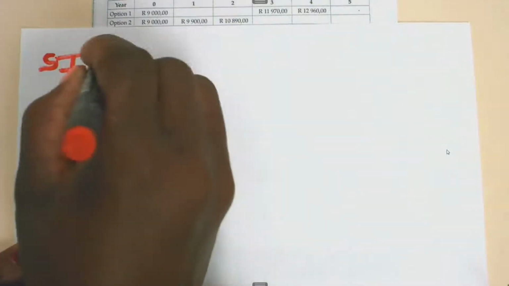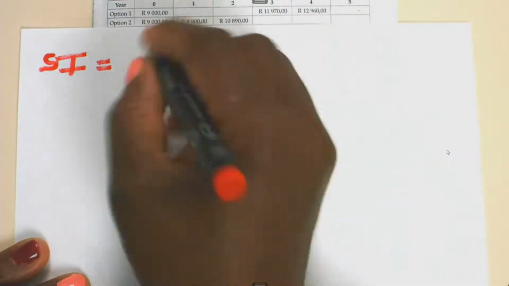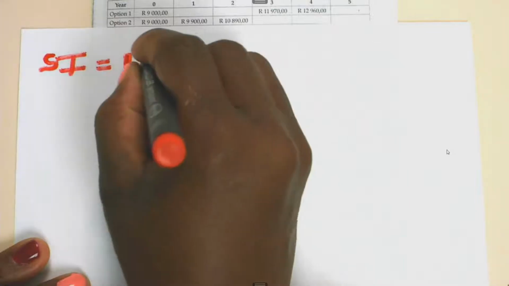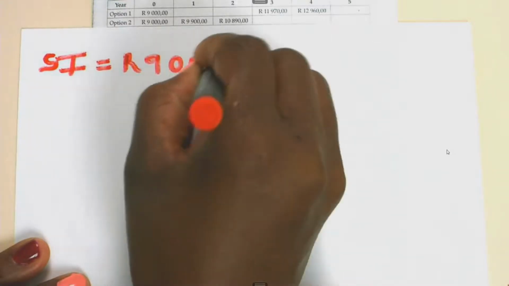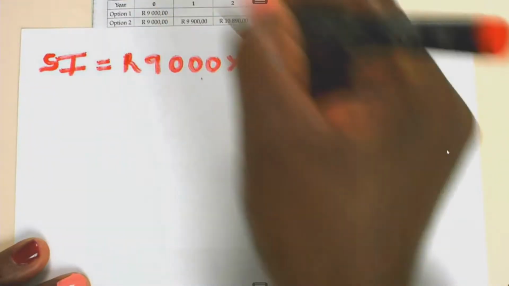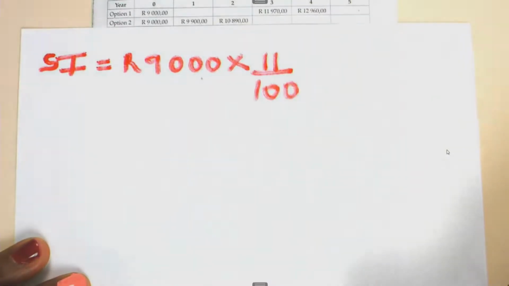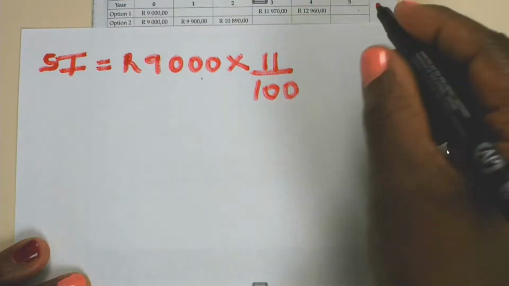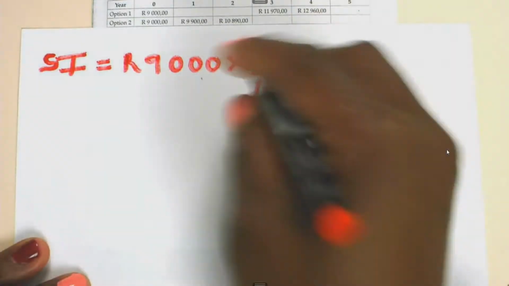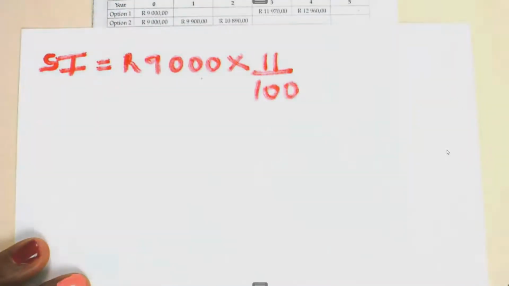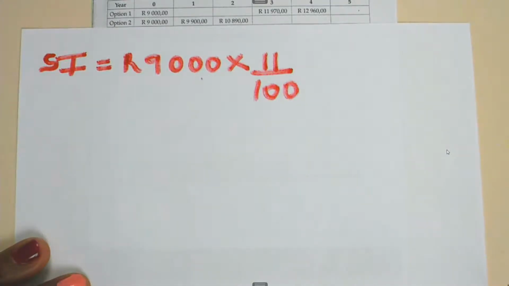So according to this calculation, simple interest, we took the principal sum, which is 9,000, and we multiply it with the rate of simple interest, which is 11%. We can also say 0.11. We multiply it because we are at year number 1. We want to find for year number 1.